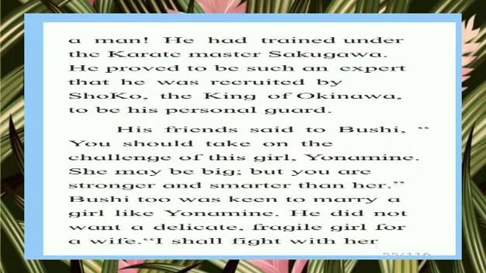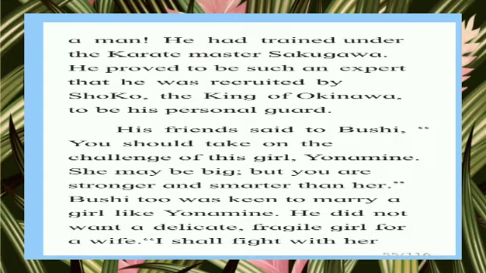A man who had been trained under a karate master, proved to be brave and expert, so that he was recruited by Shoko, the king of Okinawa, to be personal guard. His prince said to Bushi, you should take on the challenge of this girl. Yomini, she may be big, but you are stronger and smarter than her.